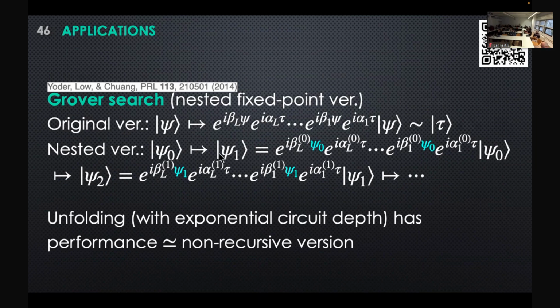And then you can restart or reinitiate this Grover search by considering psi 1 as the initial state rather than psi naught. So now you will reflect around the same target state and the new initial state psi 1, and so on.